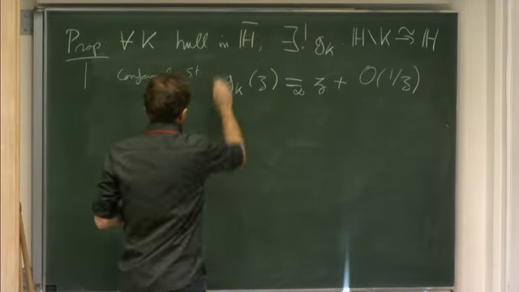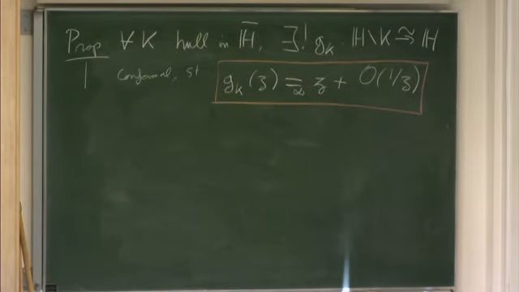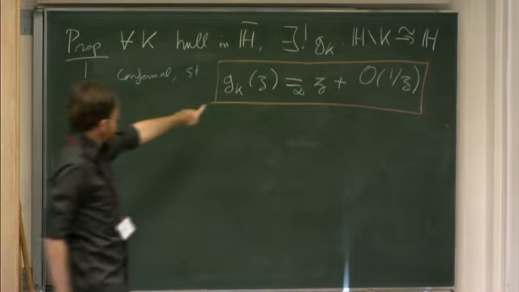This is the way we will normalize conformal maps. Whenever you have a hull, you have exactly one conformal map that does the job, with this normalization at infinity.